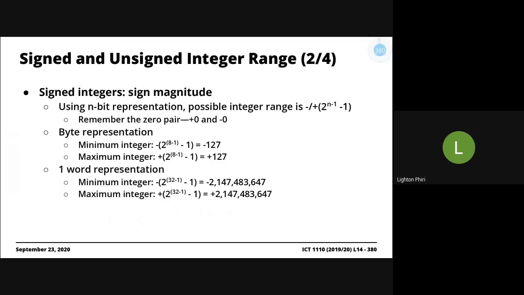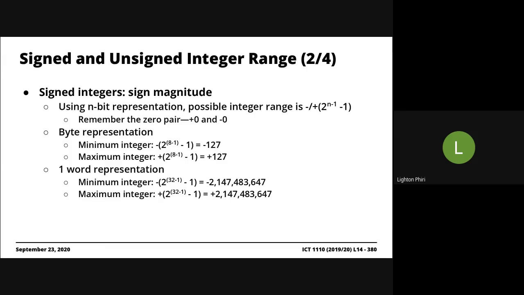But if you're dealing with signed integers using signed magnitude, the formula we are working with here is positive or negative 2 to the power n minus 1, minus 1. Do you understand? You've got to think about this for a second, from the perspective of having 2 zeros.